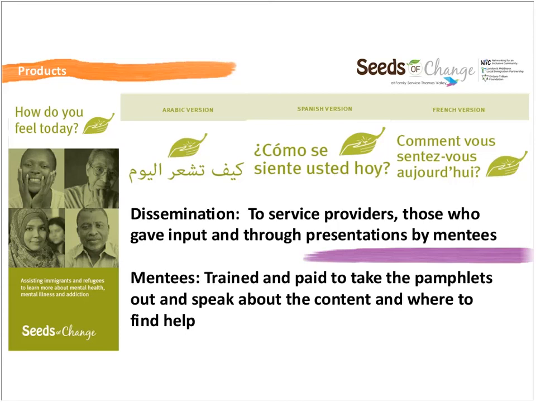With the pamphlets, we found that we still could not give them out to refugees and immigrants, that people were not comfortable picking them up. We tried it at a health fair, at a mosque, and there's just way too much stigma. And so we have distributed them through various service providers to share.